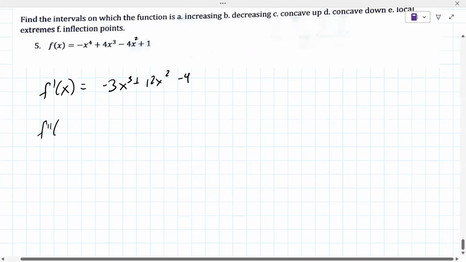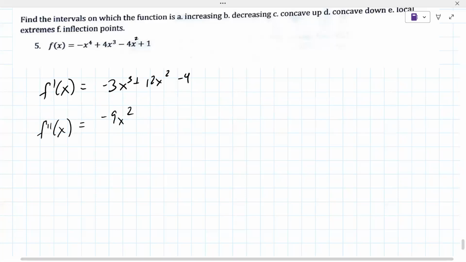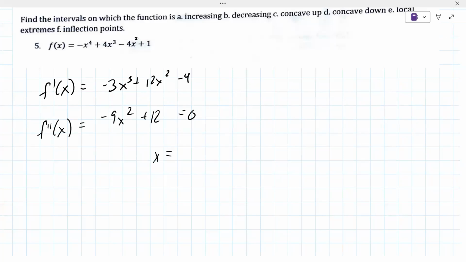So for the second derivative, it ends up being minus 9x squared plus 12 equals 0. And you can solve for x. x is plus or minus the square root of 4/3. And you would want to make a sign chart for that.